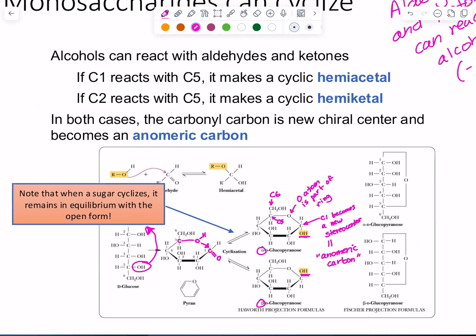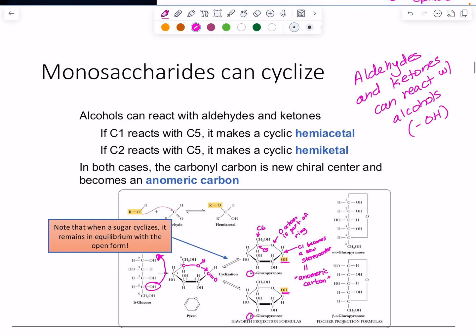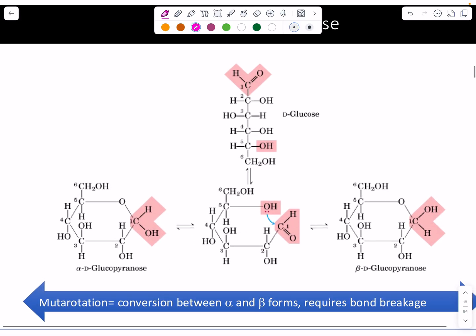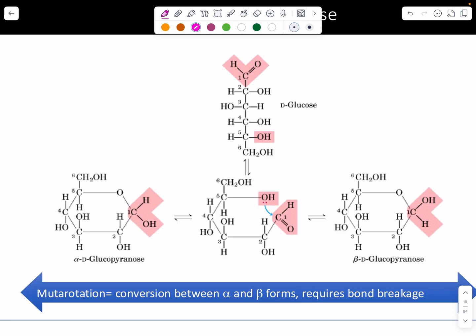Okay, so we're going to talk about Haworth projections in a minute, but let's look at the cyclization of glucose first. Okay, so glucose provides us with a really good example of the cyclization of a linear sugar. The reaction of the hydroxyl on C5 right here with the aldehyde group produces a six-membered, what we call pyranose ring, right?